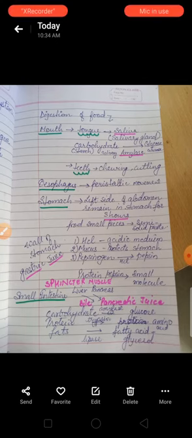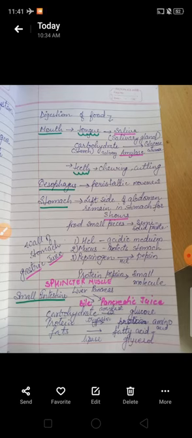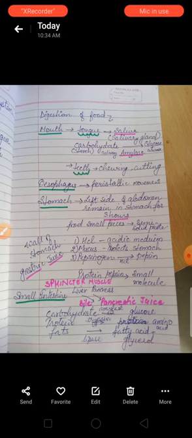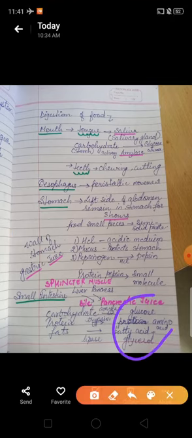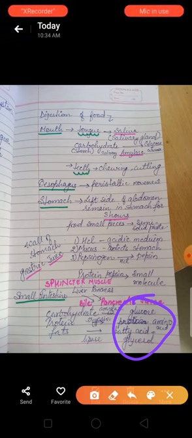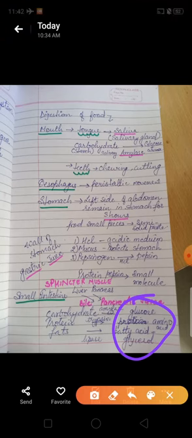So now complete digestion has taken place, and the digested food, or you can say the simplest molecules which are formed, are absorbed by the large intestine. So the large intestine will absorb all these digested food particles.